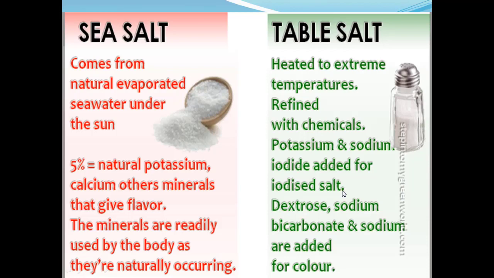So the salt in our kitchen, the salt in the food which we are eating, is iodized salt, and it is processed with chemicals, that is potassium and sodium iodide, which are added for iodized salt. Dextrose, sodium bicarbonate and sodium are added for color. So this is what we can see as table salt.